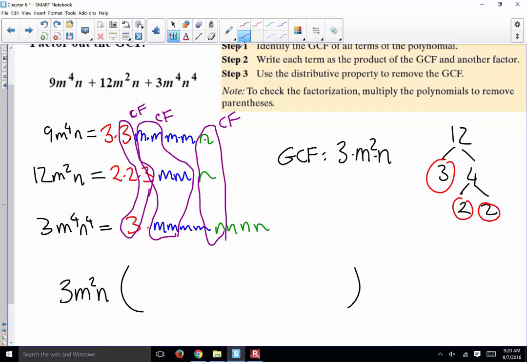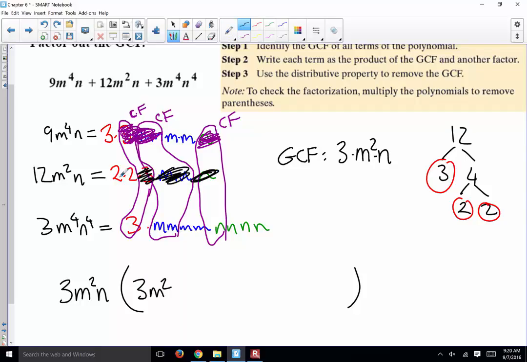Now do this visually here if you like. Remove 3 m squared and n. What is left on this one? You're just taxing each family. These guys, they are taken away from that family. So who's left in the family? 3m squared. Now I removed 3. I removed double m and n.